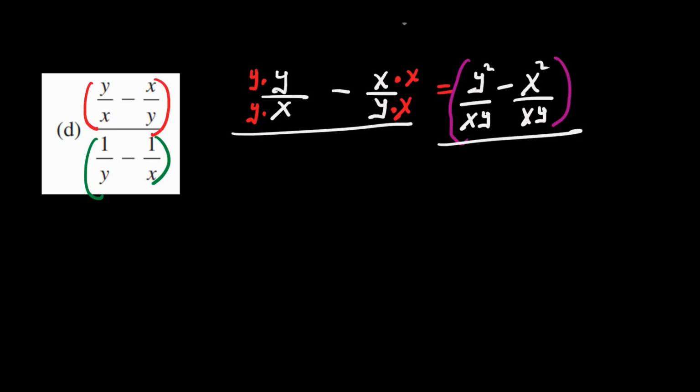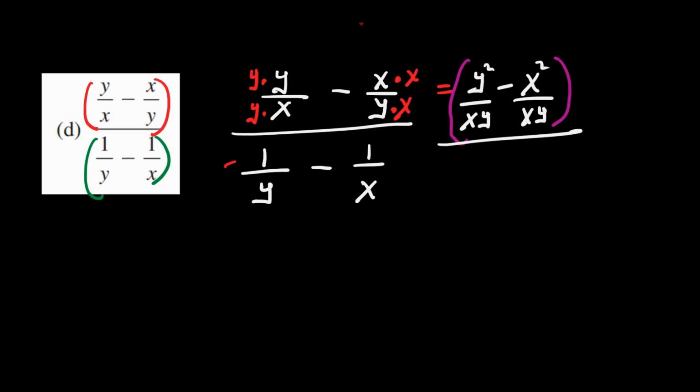And then also for the denominator we have 1 over y minus 1 over x. We can also multiply this.